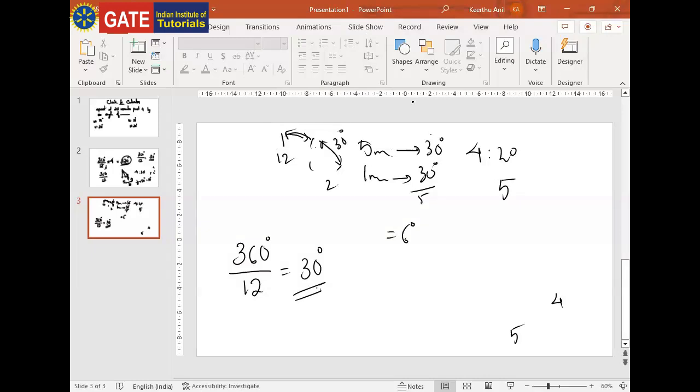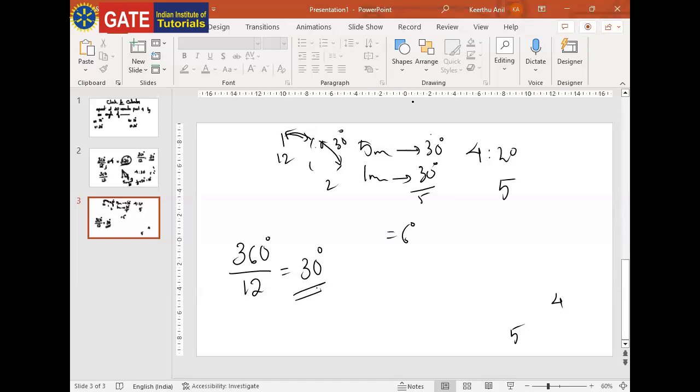Then for 20 minutes, how many degree? 120 degree. Understood? Clear now? This is the case for our minute hand. Why? Because my minute hand will be reaching 4 when it is 4:20, right? So the angle swept by my minute hand is how much? 120 degree. Clear with that?